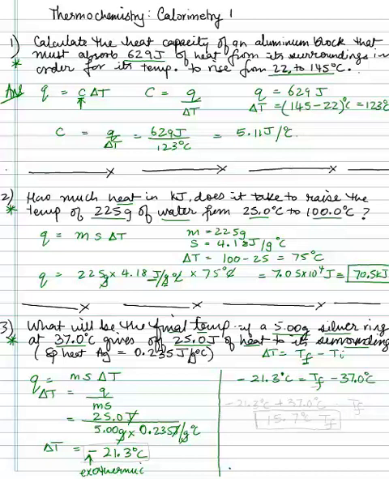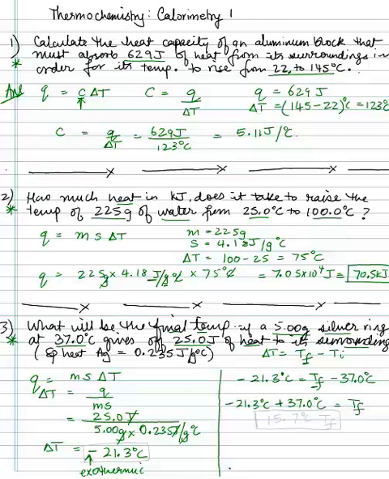Now remember, this is the final temperature of a silver ring which has given off heat. So if something has given off heat, then the final temperature should be lower than what you started with. The minus 21.3 degrees Celsius helps you keep track of your data and your answer, to make sure you're on the right path.